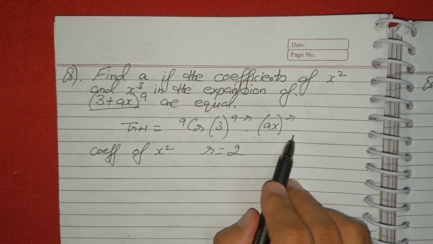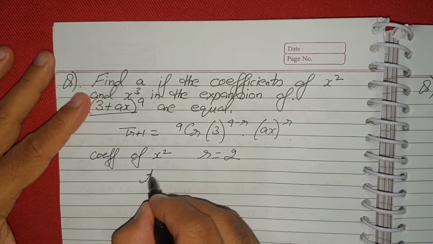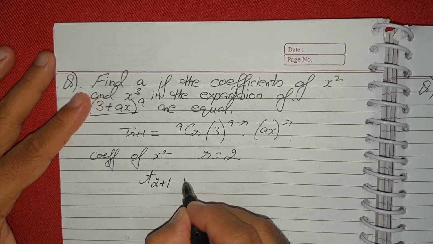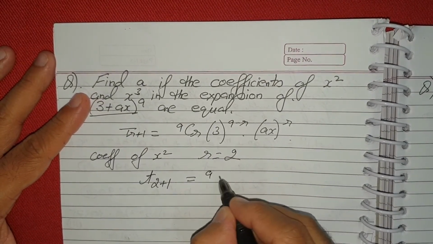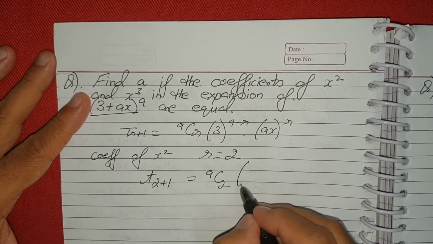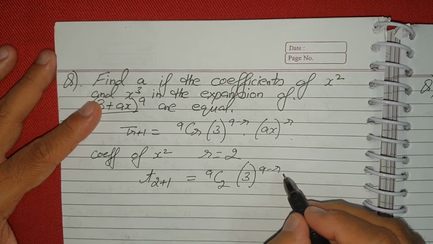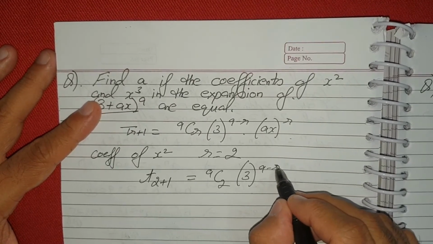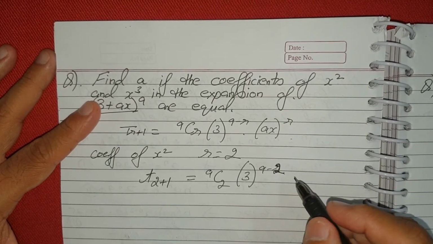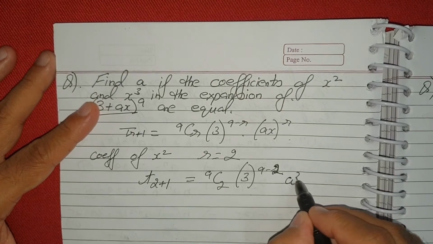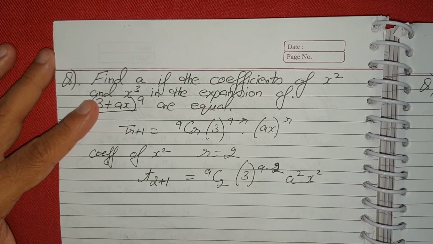So putting r equals to 2, this is T(2+1), which is equal to 9C2 into 3 to the power 9 minus 2, a square x square.